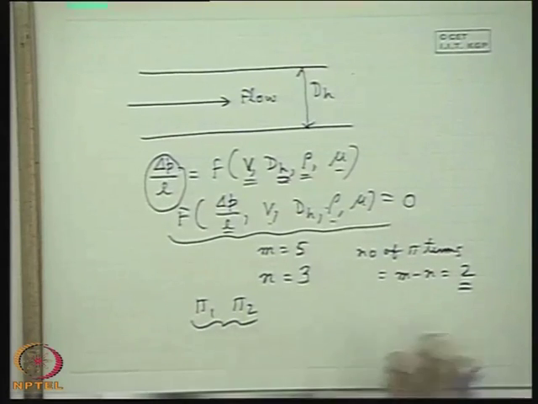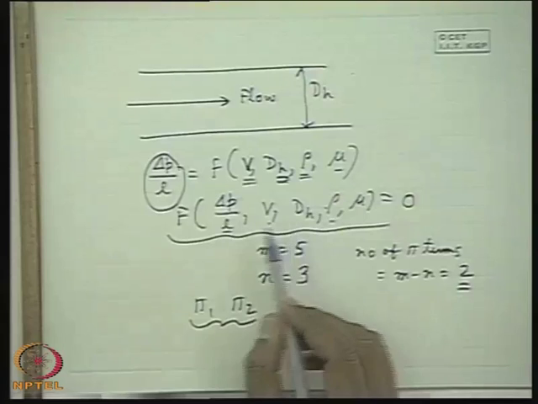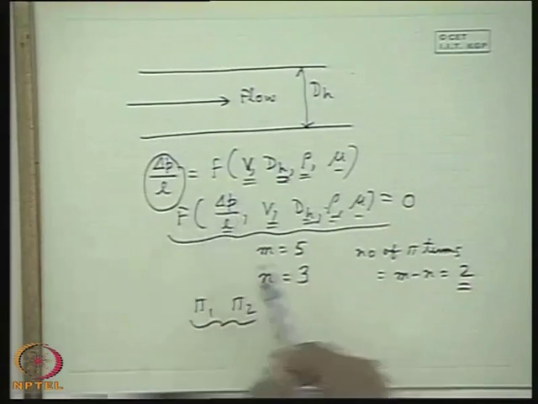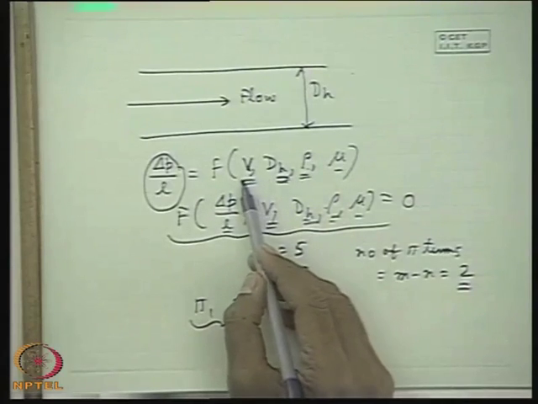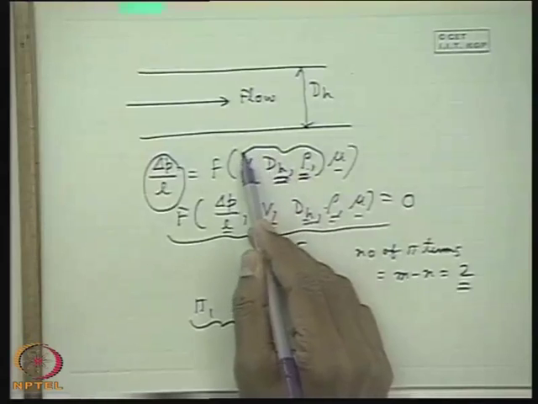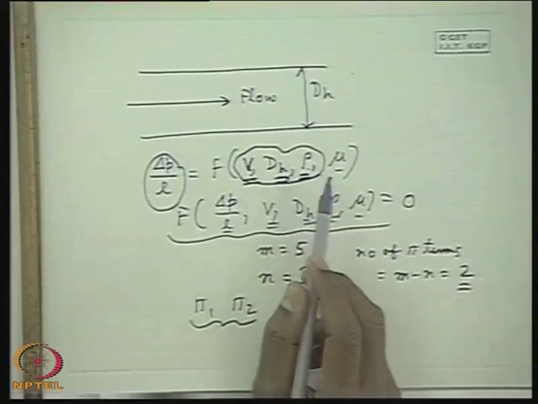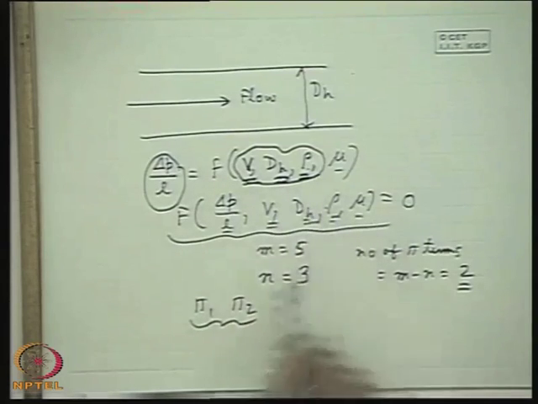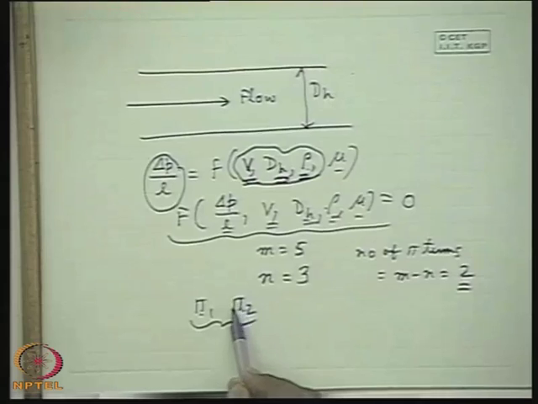Now we have to choose 3 repeating variables. There are 4 variables excluding the dependent variable, so there are several choices. We have seen that if we choose V, dH and rho as the repeating variables, then we land up with the conventional friction factor and Reynolds number as the 2 pi terms, not Reynolds number, 1 by Reynolds number.